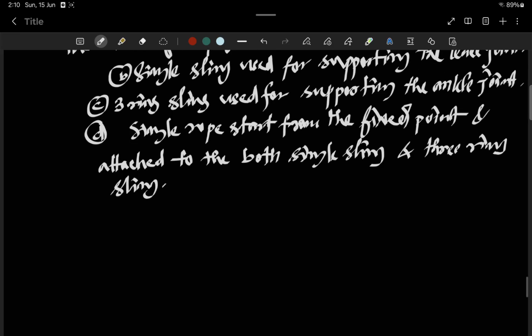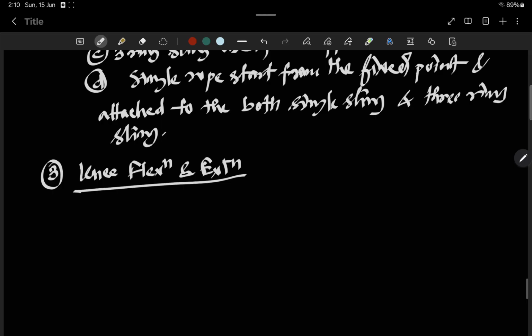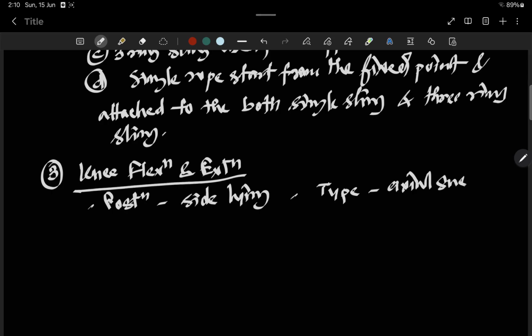Last is number 3 for lower extremity, the knee flexion and extension. Same way, position is the side lying position. Type of suspension is axial suspension.